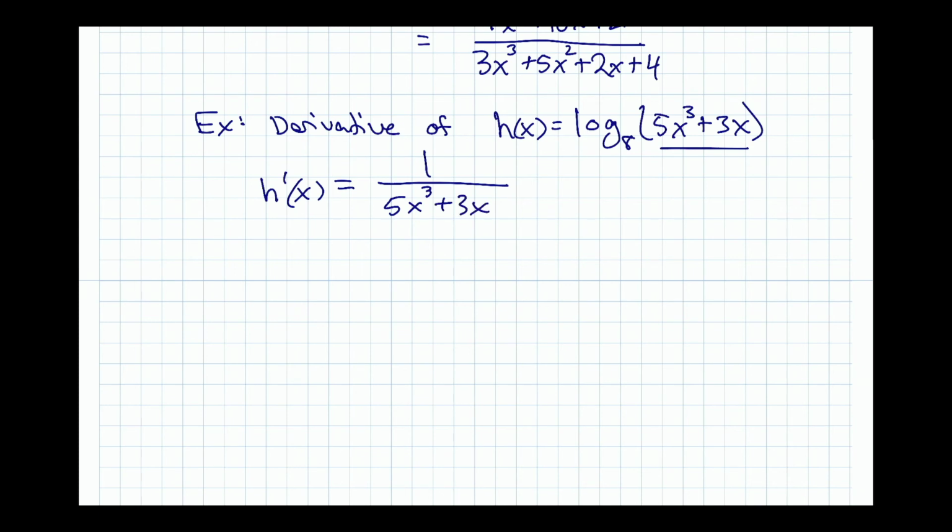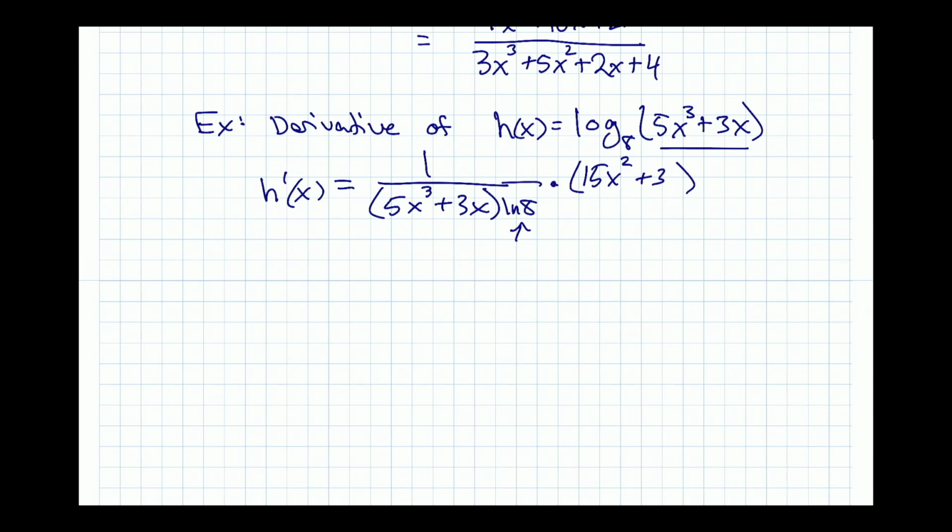But you have to remember what to do with that 8. So you have to tack on this extra ln 8 because it's not base e. And then you multiply by the derivative of what's inside, which is 15x squared plus 3.